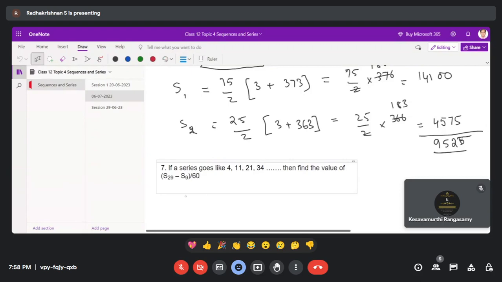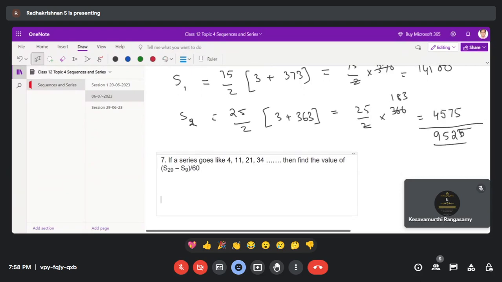Yeah, the differences are in AP. So that means what you do, P1 is 4, P2 is 11, P3 is 21, and so on. This you write as 4 plus 7. This you write as 4 plus 7 plus 10, and so on.